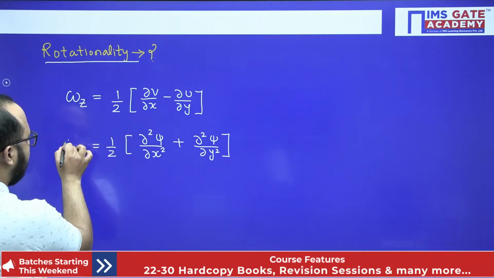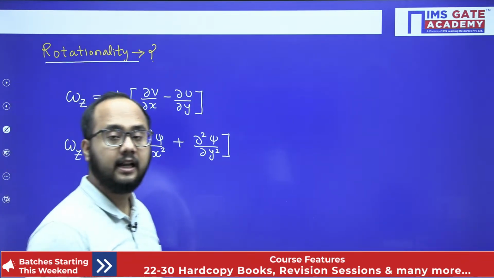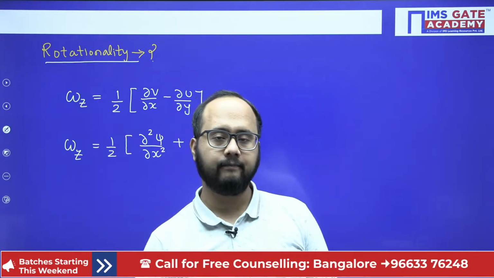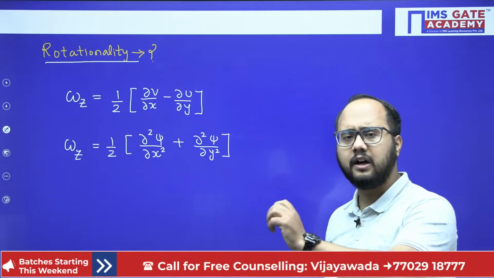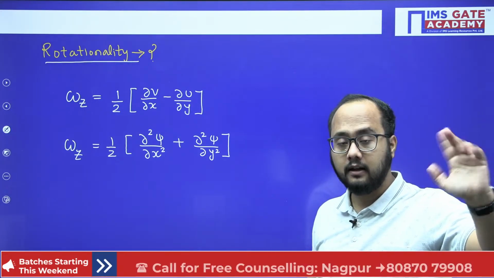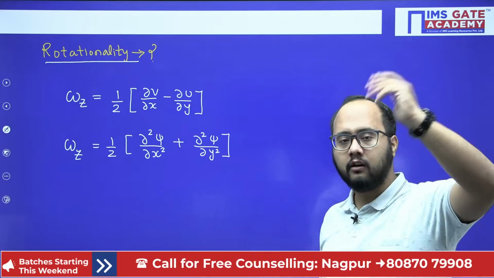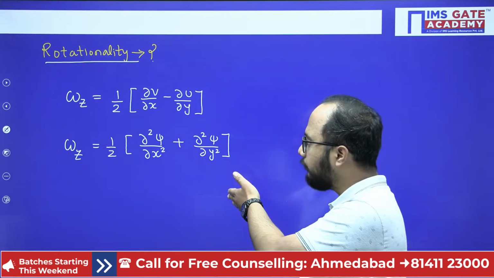So in this case we are not getting this rotational component as 0 automatically like we got in VPF. We got the rotational components omega z, omega x, omega y, all as 0 in the case of VPF, right? So in that case it is already predefined, like we can say, as an irrotational flow, but in this case we are not getting it as 0.